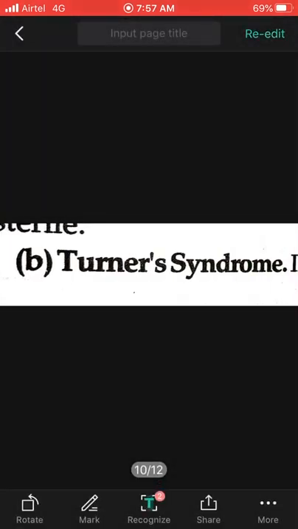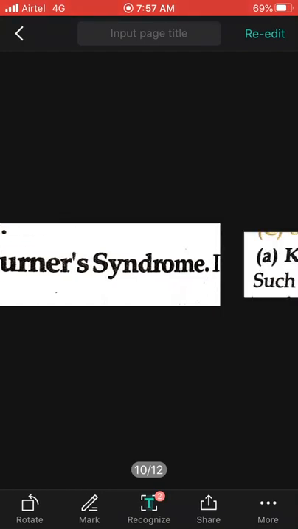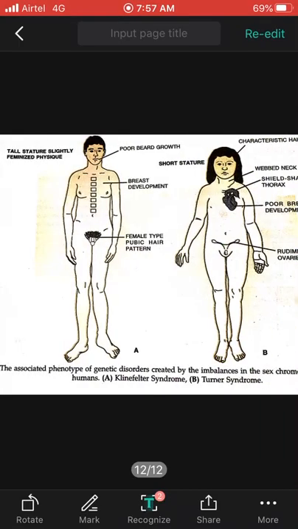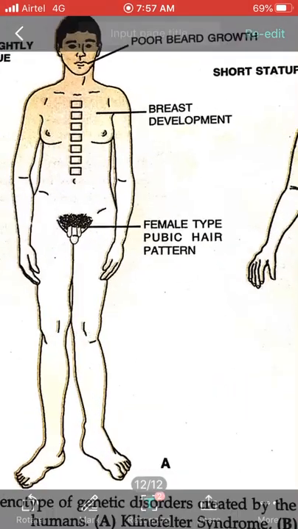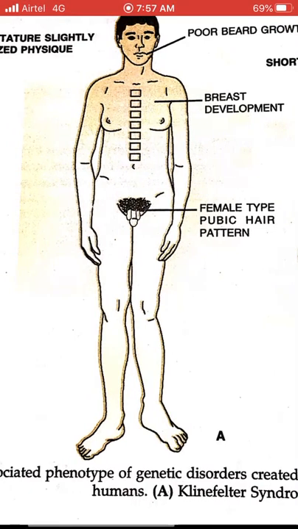Okay. Now coming to Turner syndrome. Turner syndrome is basically a female-oriented syndrome, found in females. It's a genetic disorder characterized by hypogonadism. Klinefelter's is the male syndrome, with a person having more than 46 chromosomes, 47. These are the pictures for Klinefelter syndrome.